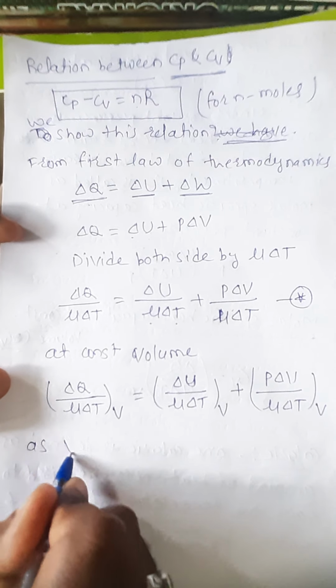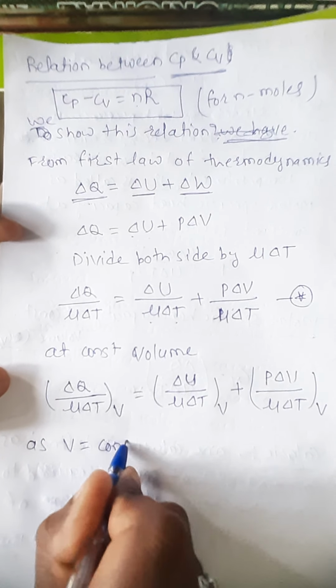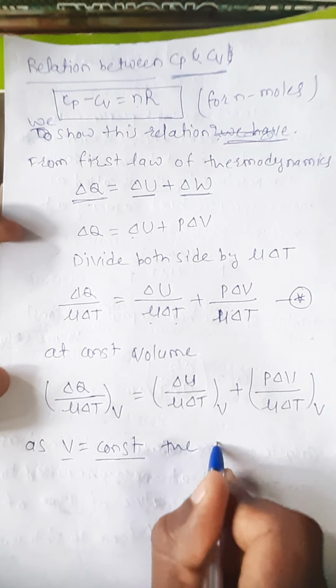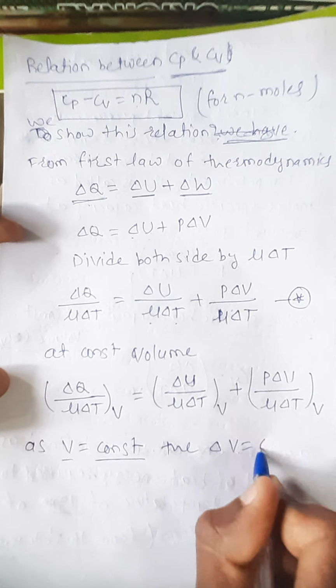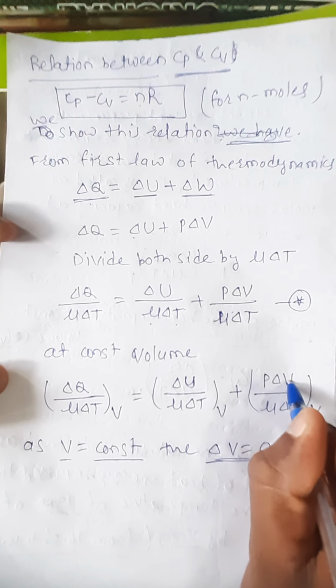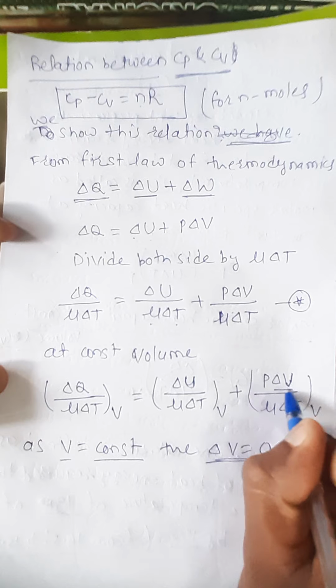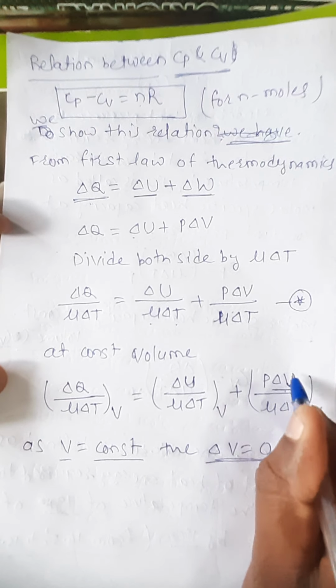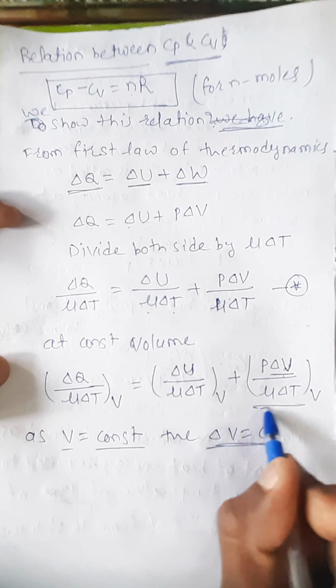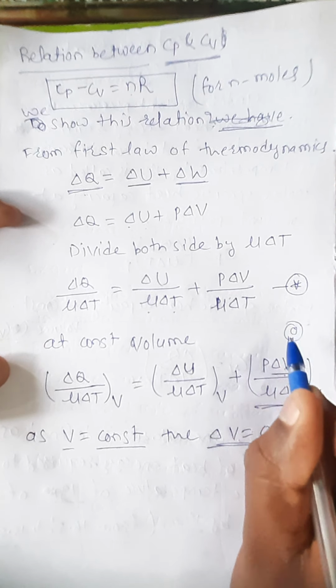As volume is constant, delta V is 0, and 0 into something is 0, therefore this quantity is equal to 0.